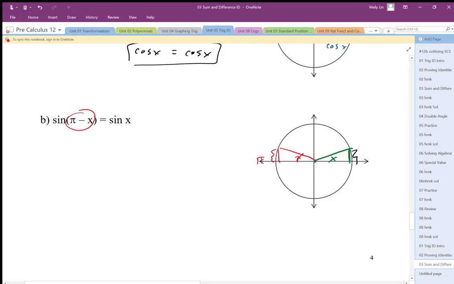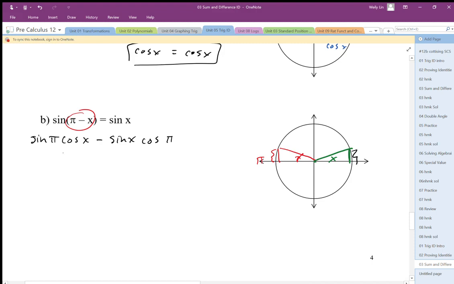And I can show it with the formula again. There's a minus in the sine, so I go to my formula sheet, and it says difference of sine is sine cos minus sine cos. So sine pi cos x minus sine x cos pi.